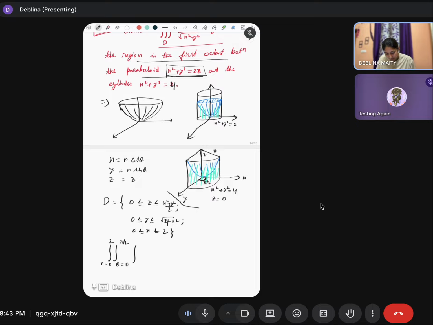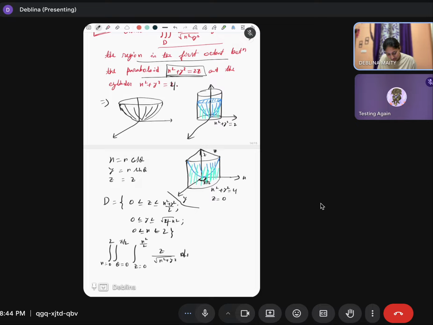And what do we have? We have z. Z is 0 to x square plus y square by 2. Oh, sorry, now it is in r. So x square plus y square equals r square, so r square by 2. I will write it in the next line, with r cos theta.